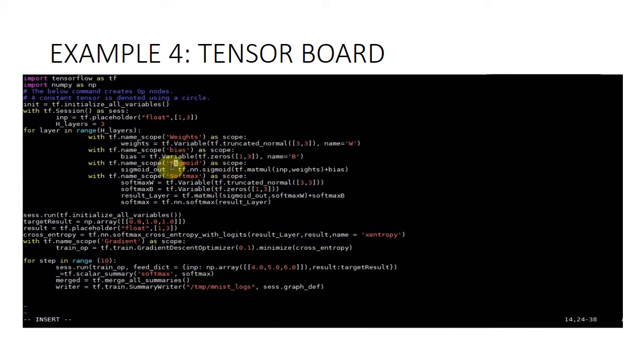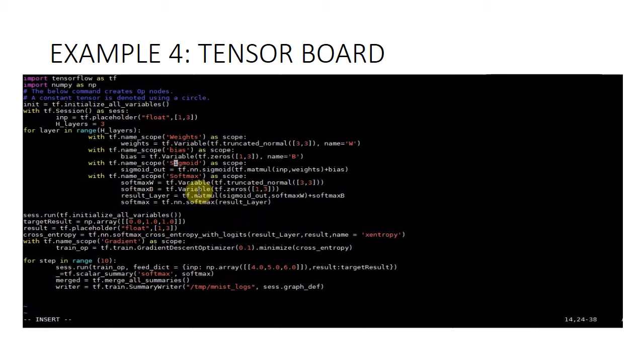So once this is calculated, I am using this in my softmax layer. So softmax layer has got its own weights and biases initialized as variable tensors again. So it again does the matrix multiplication between the sigmoid out received in the previous layer with the weights generated in the softmax layer.